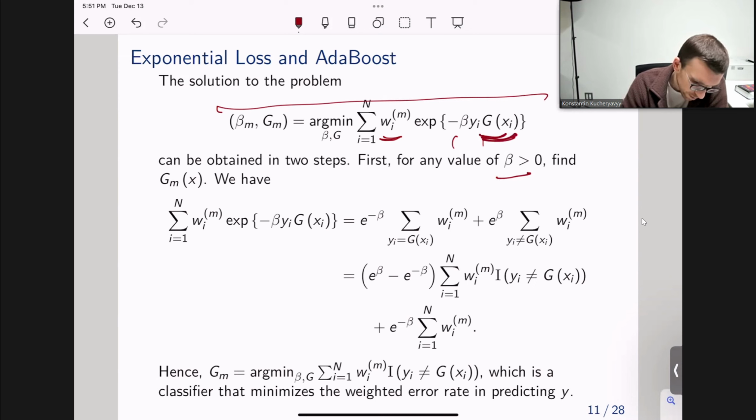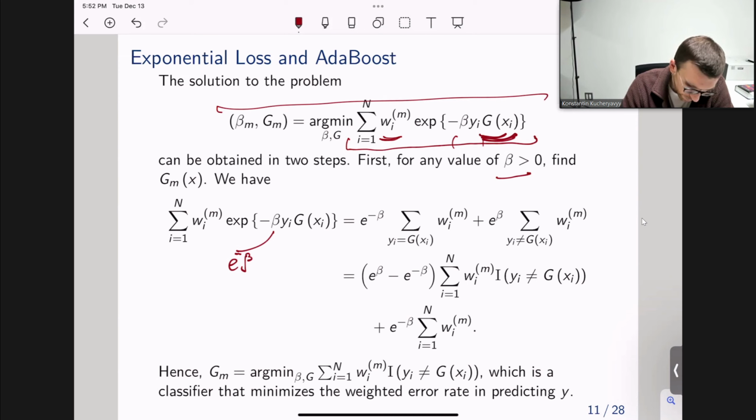For that, we can rewrite this sum as the sum where we take out e to the power of minus beta, and then on our data set, we can divide the sum into two parts.